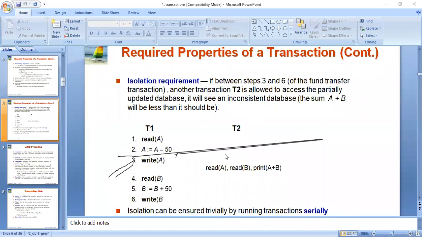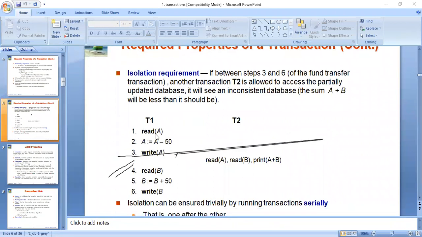Now, look here. When we are executing transactions, some transaction may interfere into another transaction. For example, here T1 is there, T2 is there.